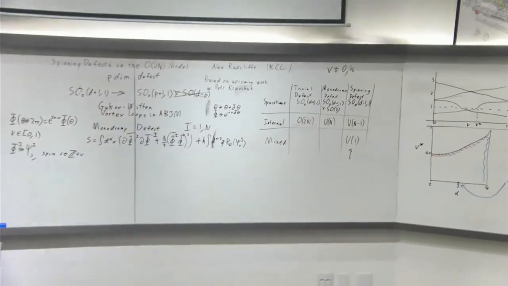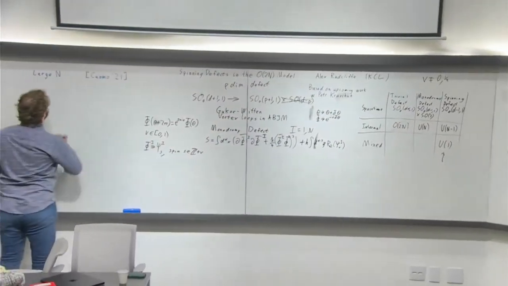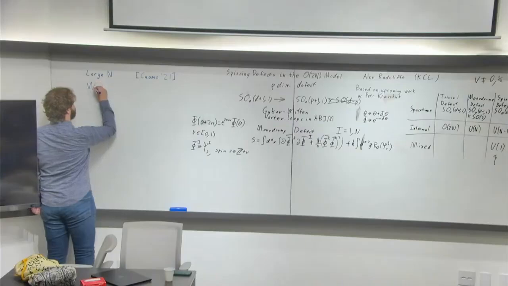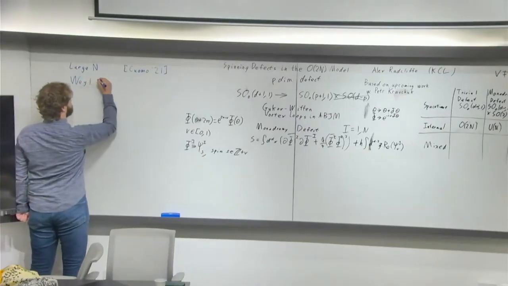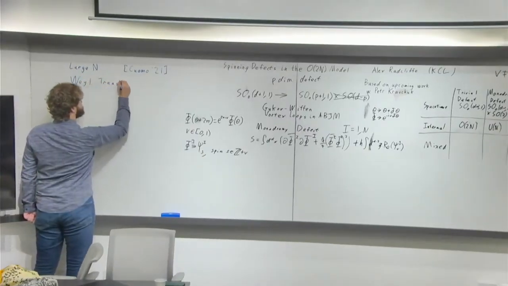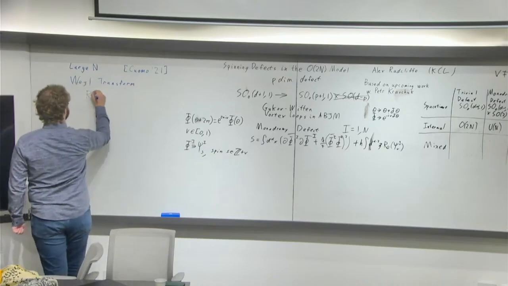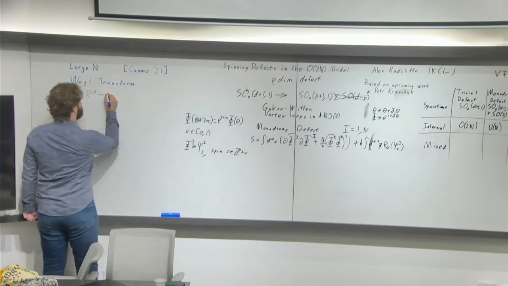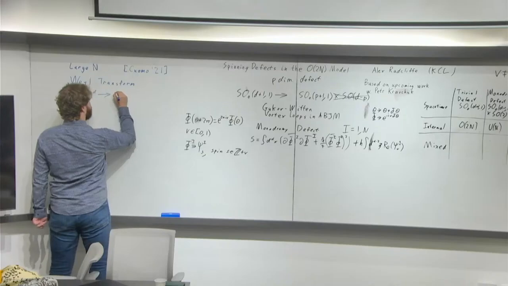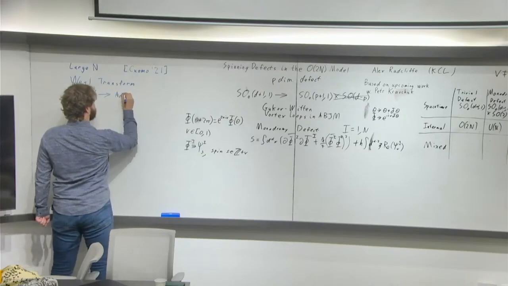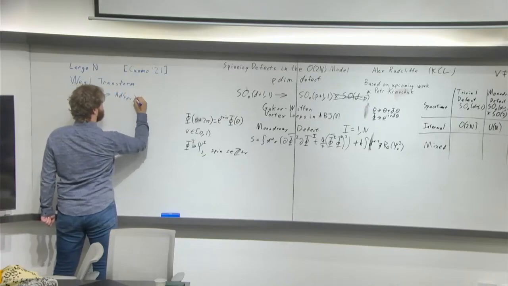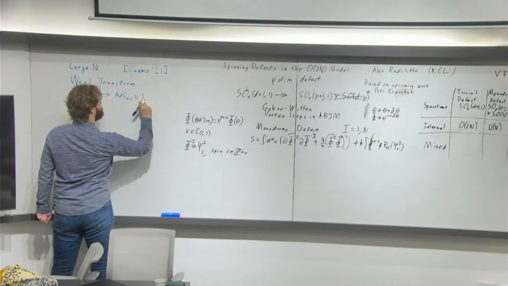So essentially the way that that works is, first of all, we perform a Weyl transformation from R^D, where we defined this, across to AdS_{D-1} cross S^1.